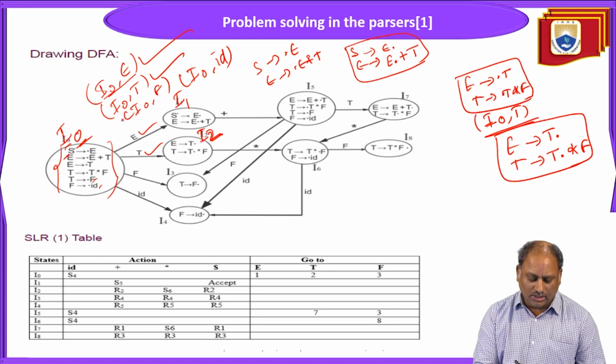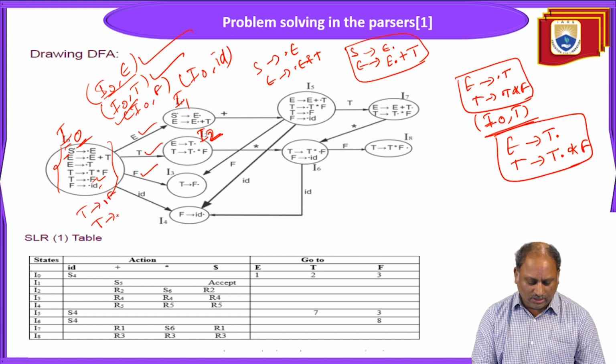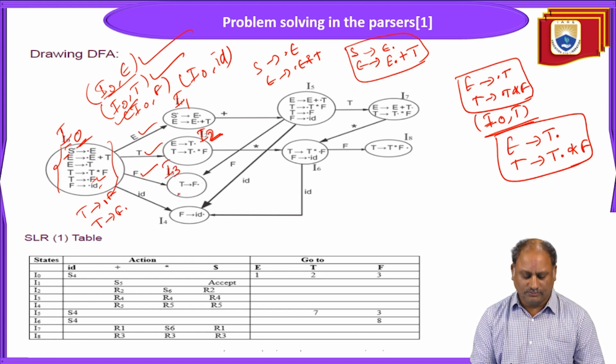So like that you can generate a new state for another one, I0 comma with capital F. So what does F contain here? T derives F. So T derives F dot. Only one production is there. So that is to be noted down with a new state I3. Then what is identifier here?